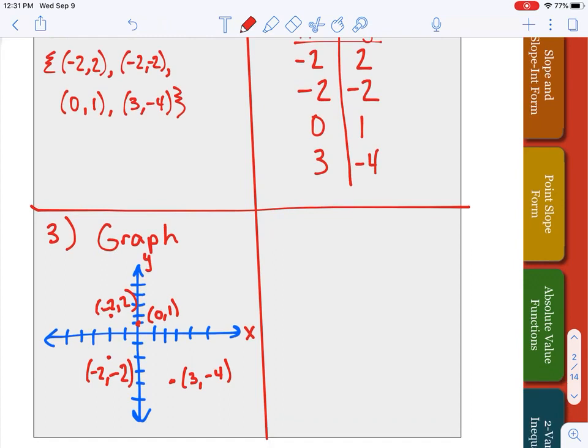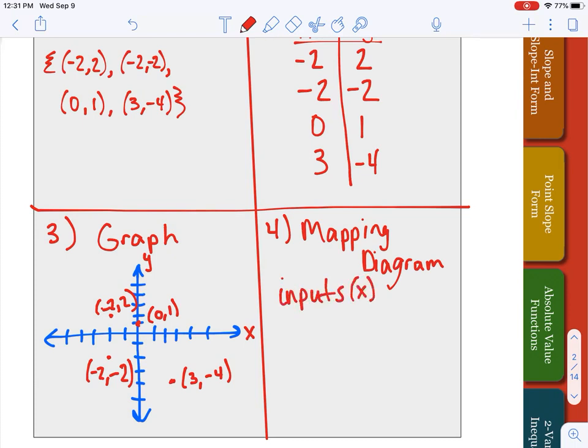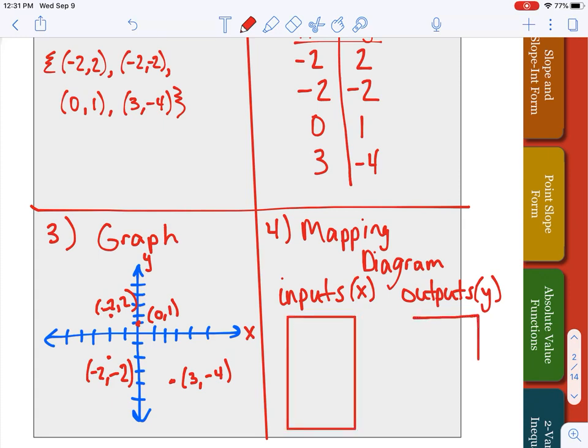And lastly, we have something called a mapping diagram. So this is where we have inputs, or our x values, in one box, and our outputs, or y values, in another. And it's called a mapping diagram because we map arrows between them.